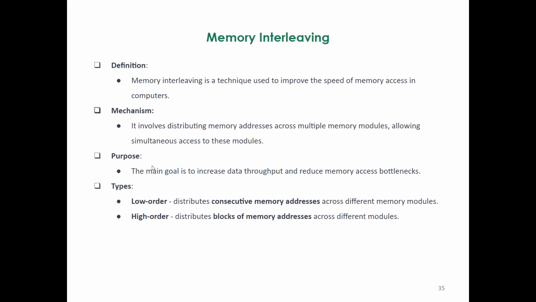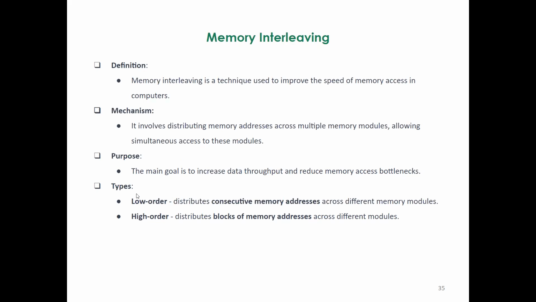Of course, the main goal is to increase data throughput, which is the amount of bytes that we can send or retrieve from memory at the same time, and therefore reduce the memory access bottlenecks. So we want memory to be fast so that it quickly responds to processor requests, and that makes our computer even faster as a whole.